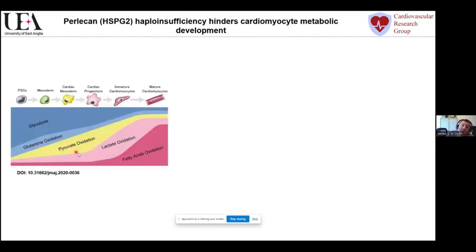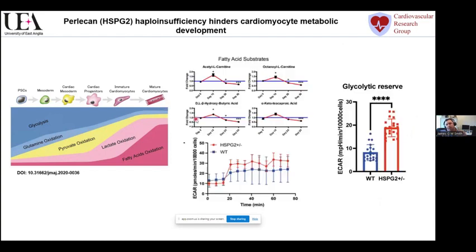One of the other processes that occurs during maturation is a switch in metabolism. So the cells switch from predominantly relying on glycolysis to more specialized fatty acid oxidation in the mature cardiomyocytes to meet the energy demands of the heart. So we did a range of metabolic analysis processes, including Biolog MitoPlate assays and Seahorse analysis.